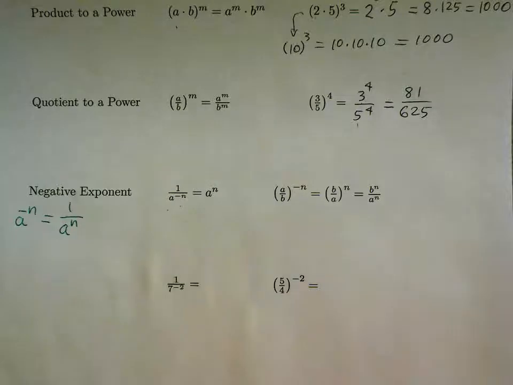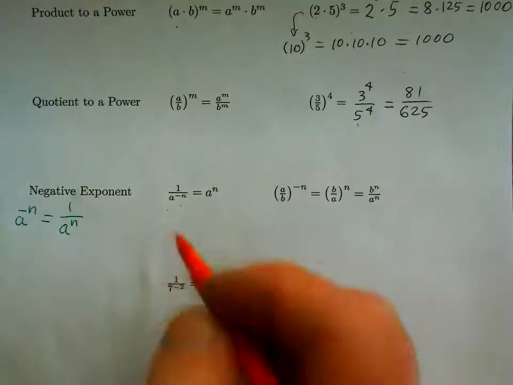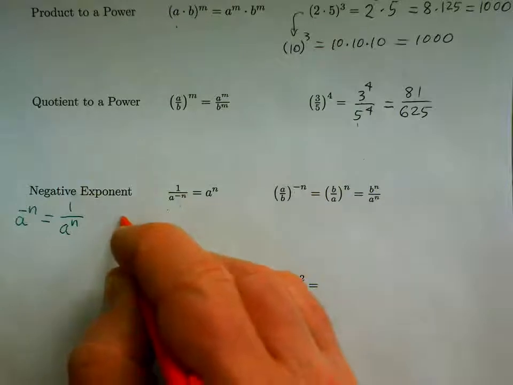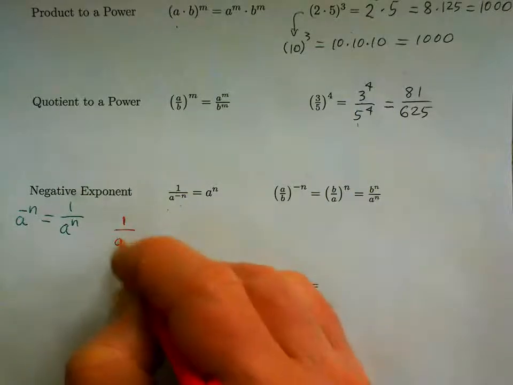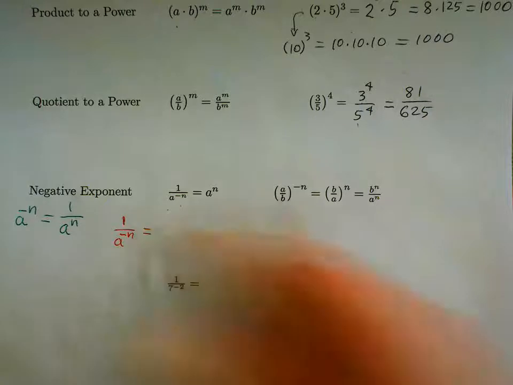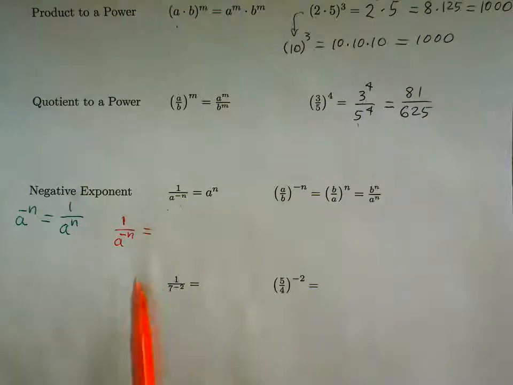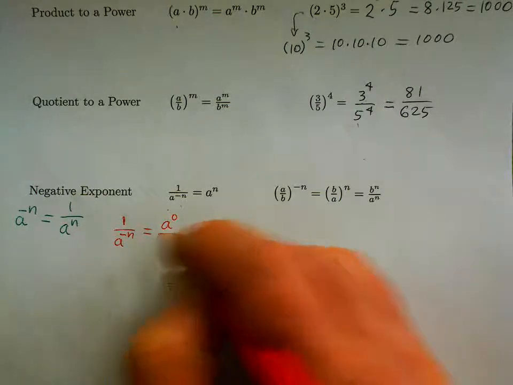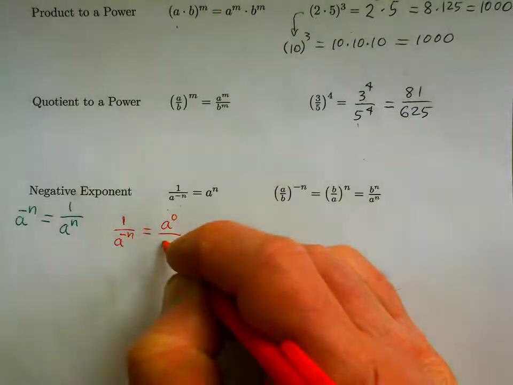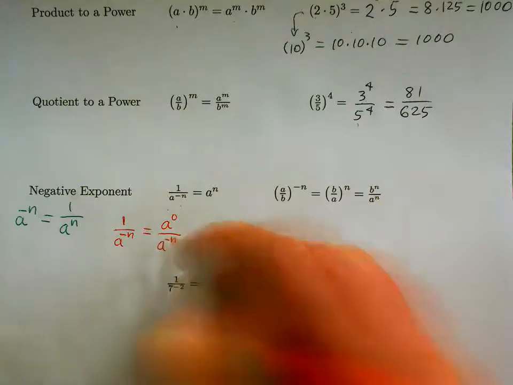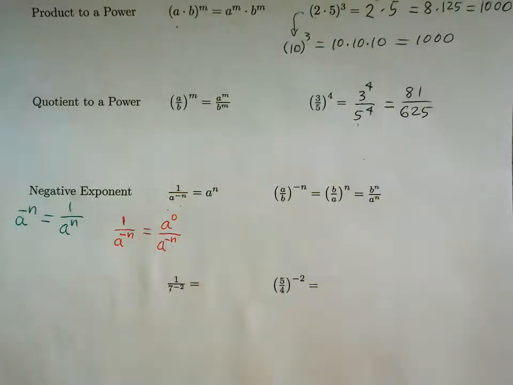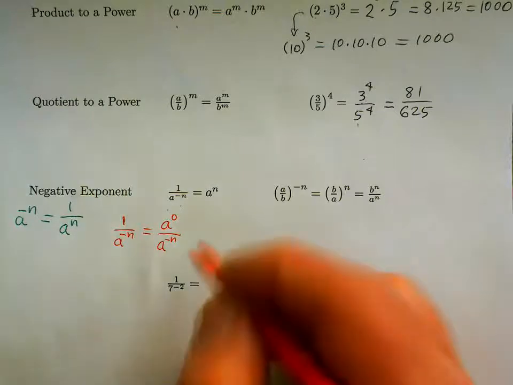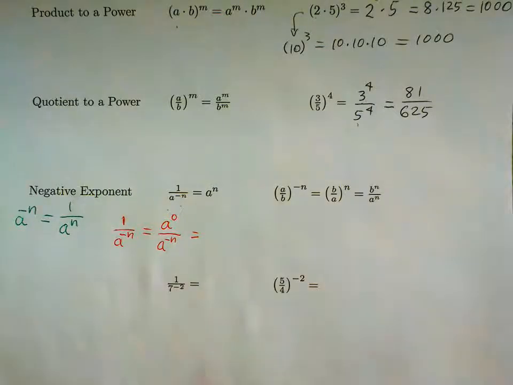One way to prove that, if we begin with 1 over a to the negative n, since the numerator is 1, we can replace that with a to the 0. So we have a to the 0 over a to the negative n. And then we can apply the quotient property.